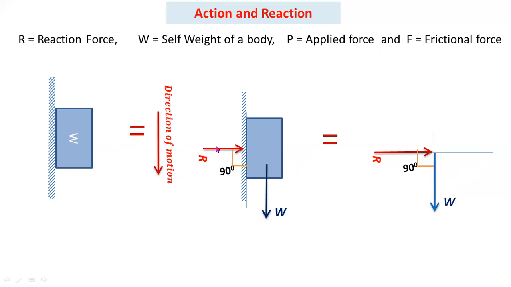So this is the frictional force. Always, frictional force acts parallel to the support, so you have to draw this frictional force along the y-axis for this condition. So this is the final free body diagram for this condition.